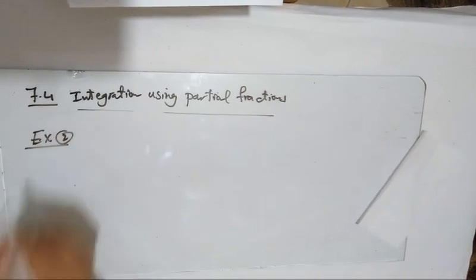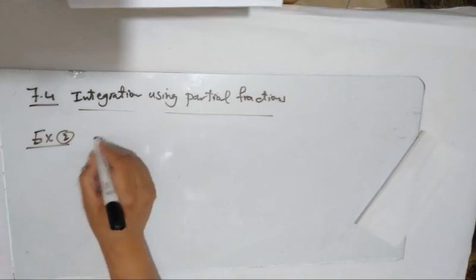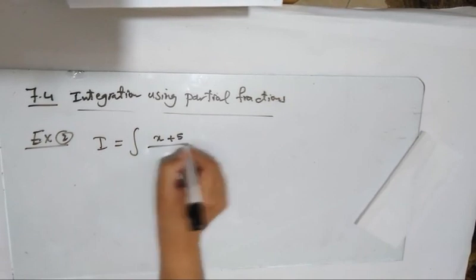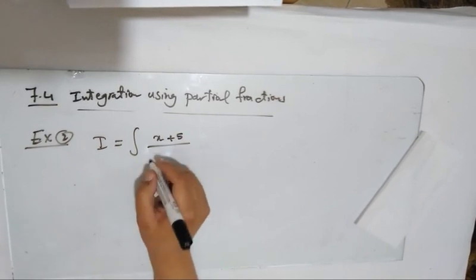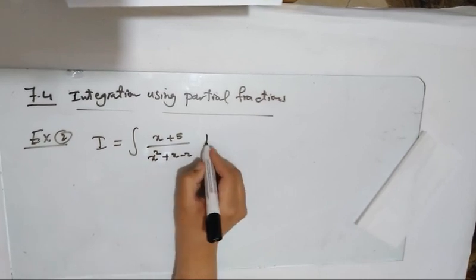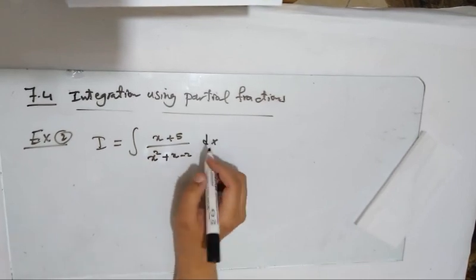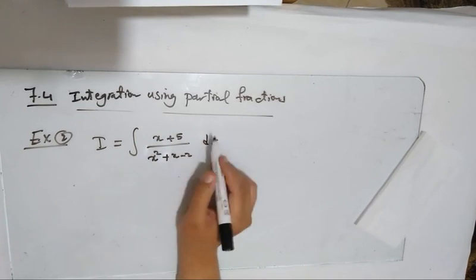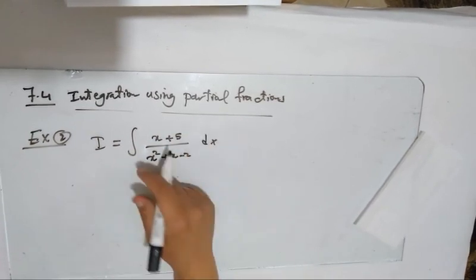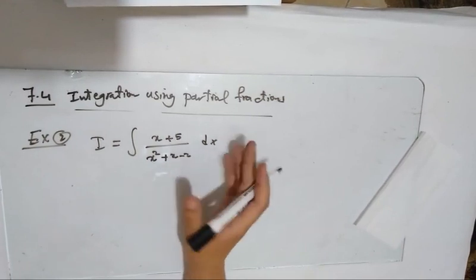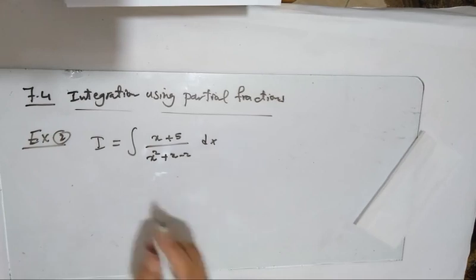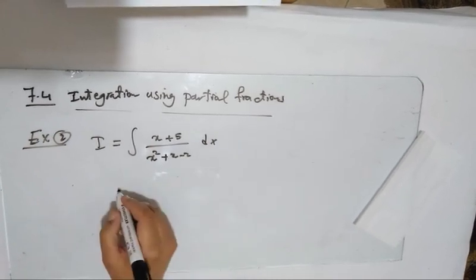The second one is still not hard. If I ask you to calculate the integration of this rational function, x plus 5 over x squared plus x minus 2 with respect to x. Now still you can do some tricks like completing the square and then use the appropriate inverse trig functions or hyperbolic functions, but we have a much easier method here.